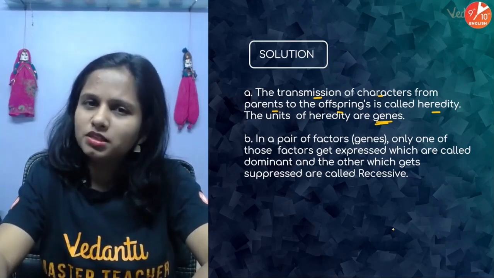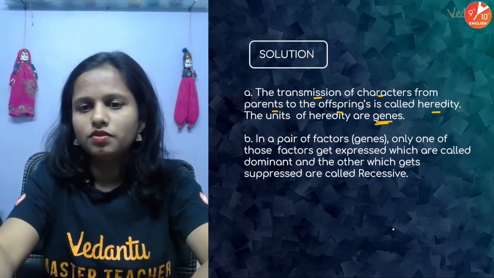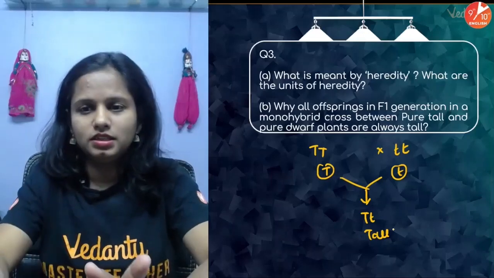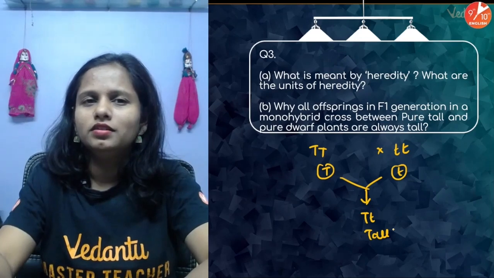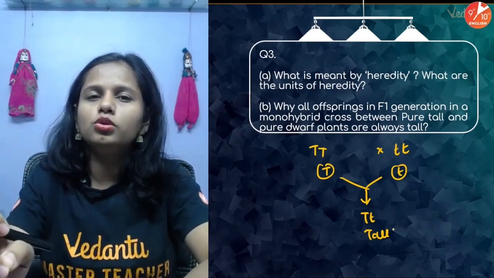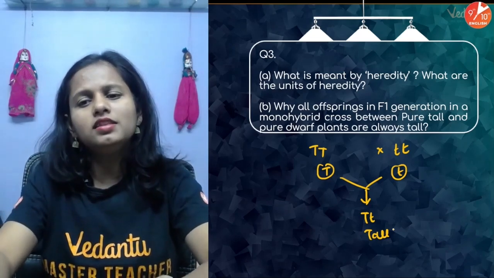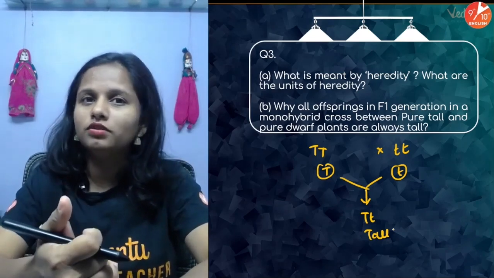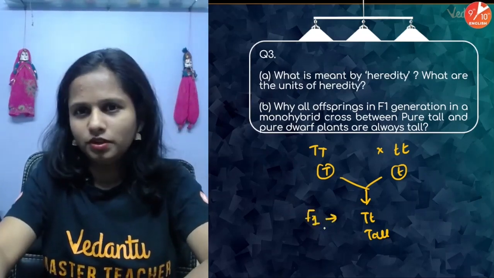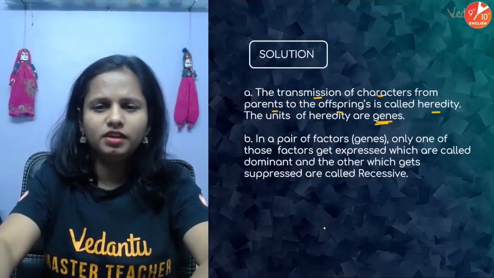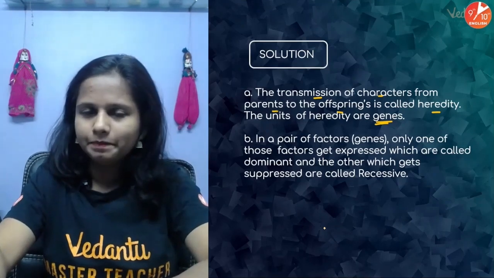The one which expresses itself is called the dominant, and the other one which gets masked is the recessive. In this particular case, capital T is a factor which controls tallness, a dominant gene, and hence all the individuals are tall in the F1 generation. You have to explain it in a much better way than what has been written here. Okay, perfect.